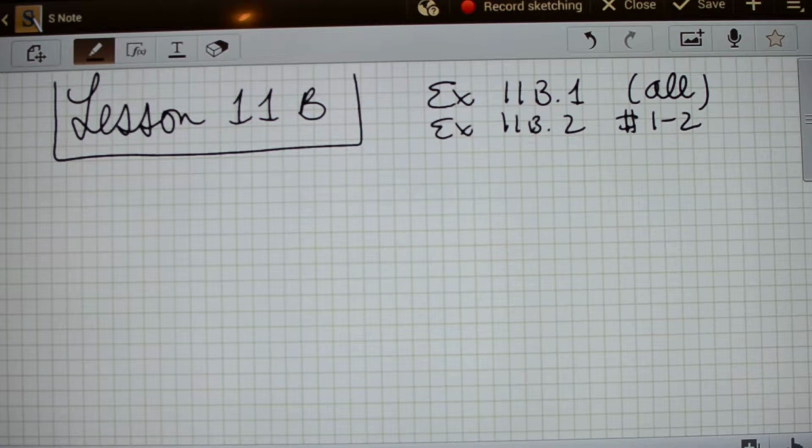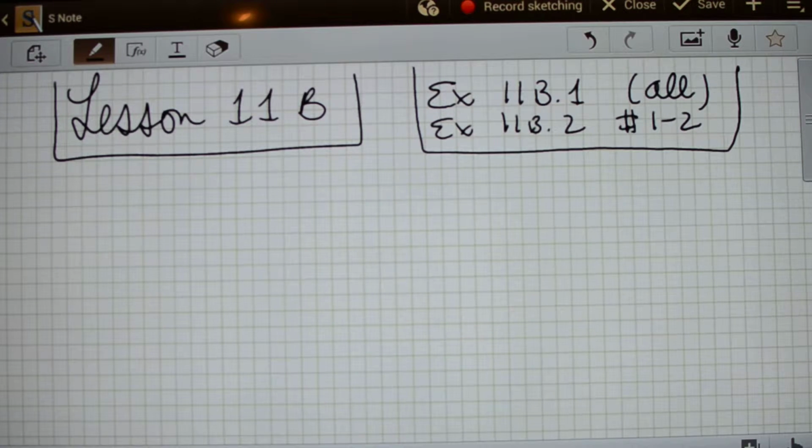Okay, finally it's time for the very last part of lesson 11B. We are actually in lesson 11B.2 right now, and as of this point you should have already completed exercise 11B.1 all, and exercise 11B.2 numbers 1 through 2.